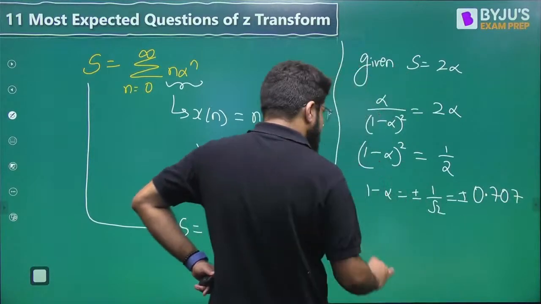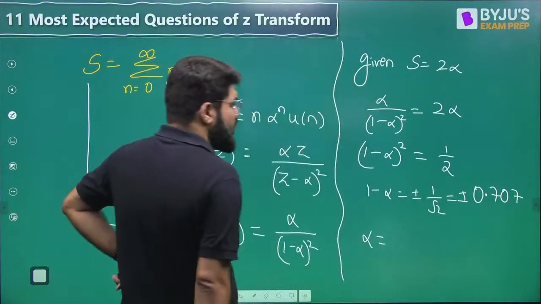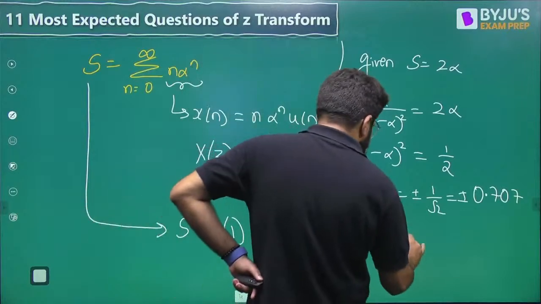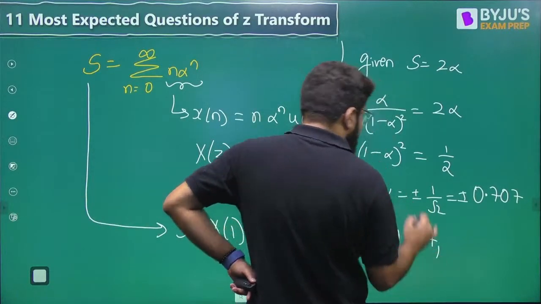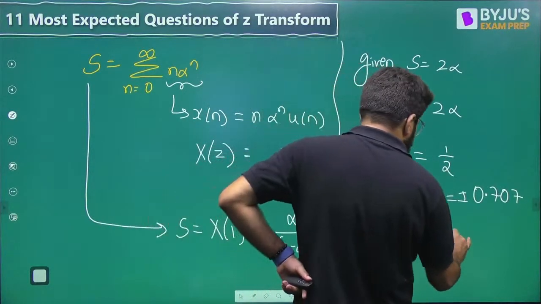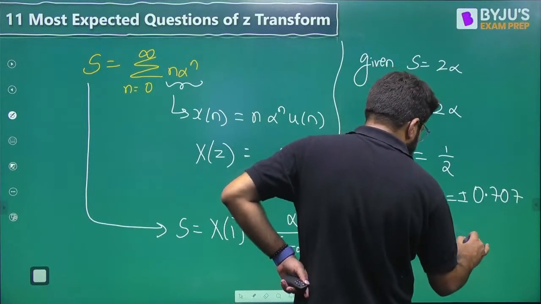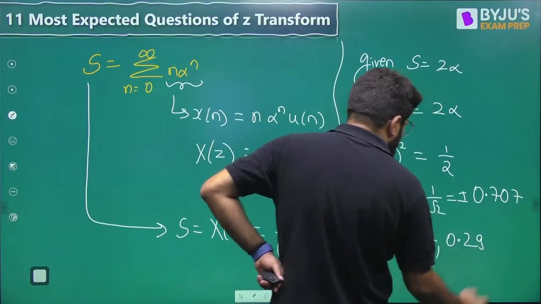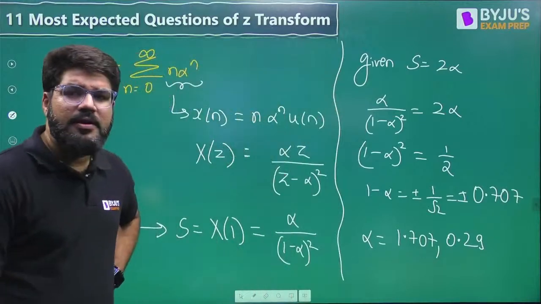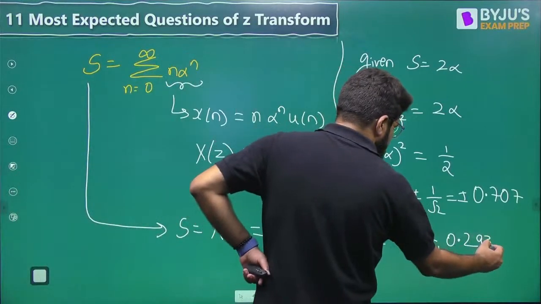So there will be two values of alpha, 1.707 and 1 minus 0.707, which is approximately 0.293.